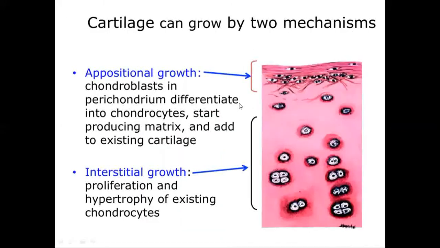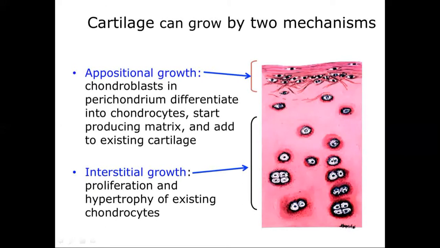There can be two types of growth of the cartilage, which are classified as appositional growth and interstitial growth. Appositional growth is when the perichondrium differentiates into chondroblasts and starts producing matrix, and it is added onto the existing cartilage. So this type of growth, that is growth from the periphery, is called appositional growth.